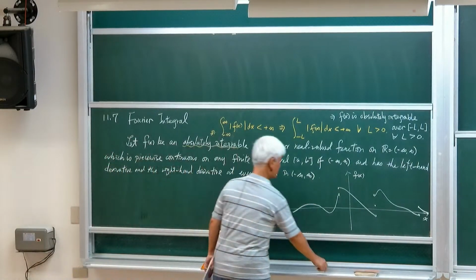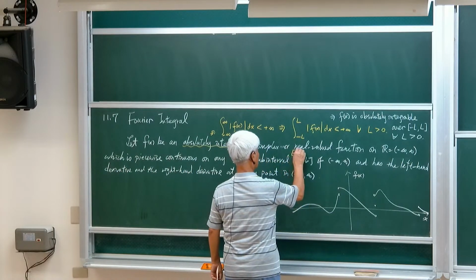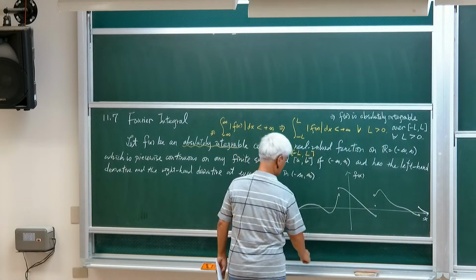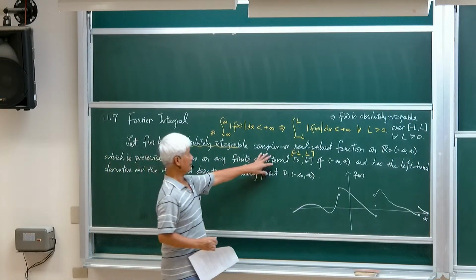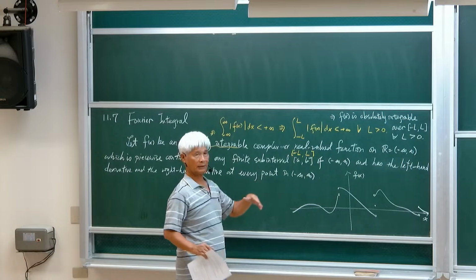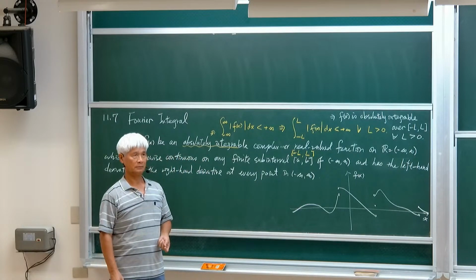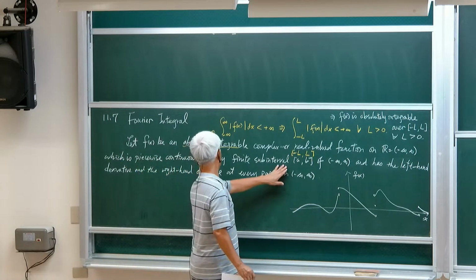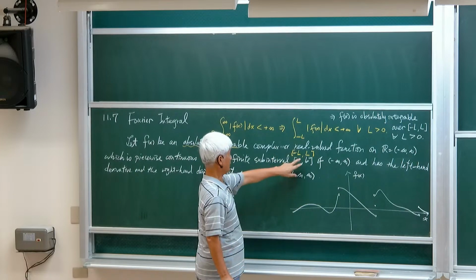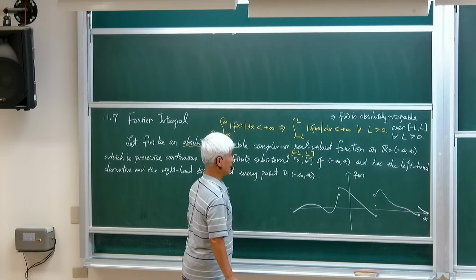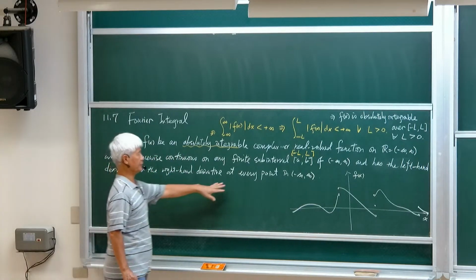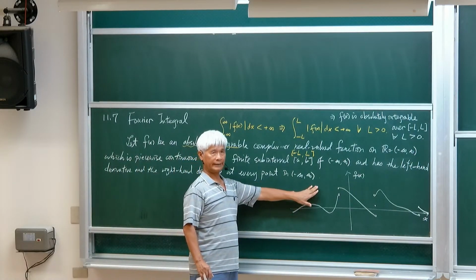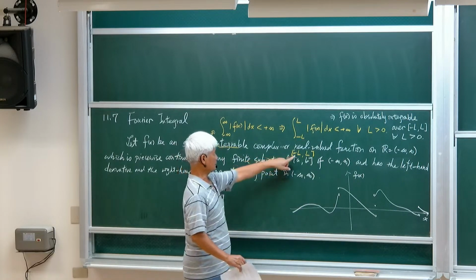And especially if we take the finite closed interval to be minus L to L, then f of x is piecewise continuous on this finite closed interval, and it has the left-hand derivative and right-hand derivative at every point in this interval too.